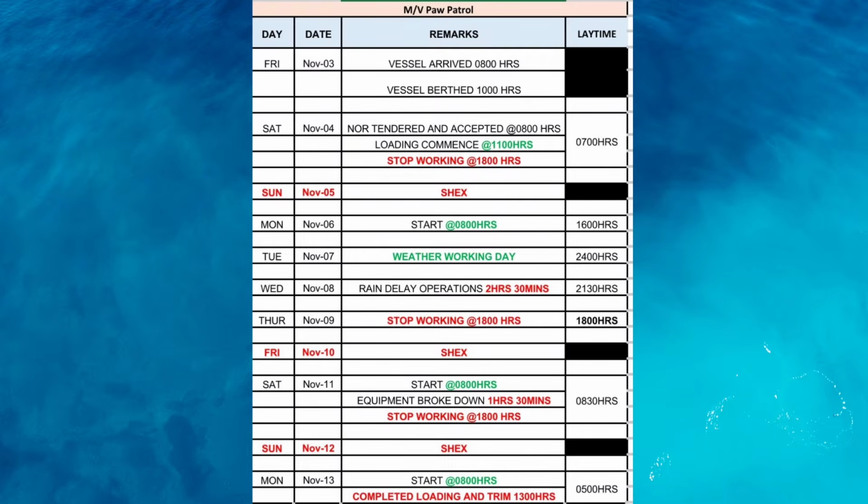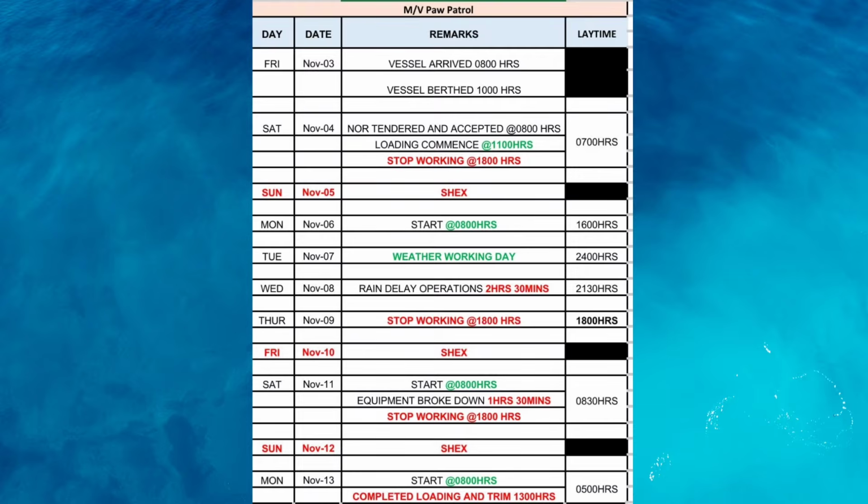On Wednesday, November 8th, the only interruption that happened for that day was that rain delayed operations for 2 hours and 30 minutes. There are 24 consecutive working hours in that day, and rain only fell for 2 hours and 30 minutes.